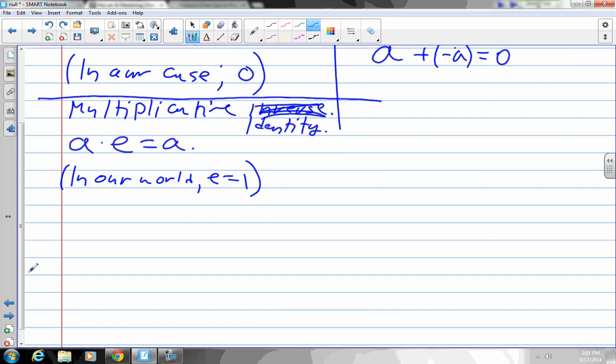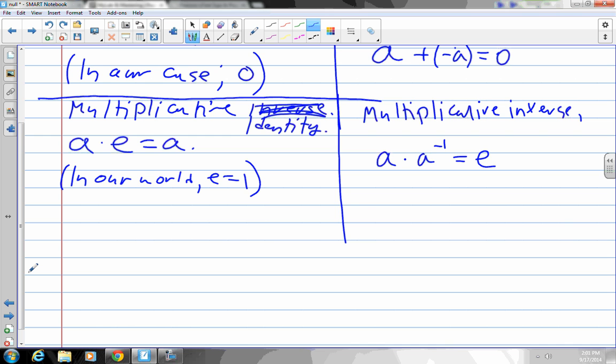So 1 is the multiplicative identity. It doesn't change anything. At the same time, the multiplicative inverse is the thing that, if I take a number and multiply it by something, I get that identity back.